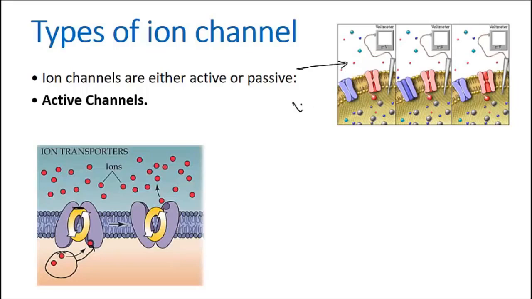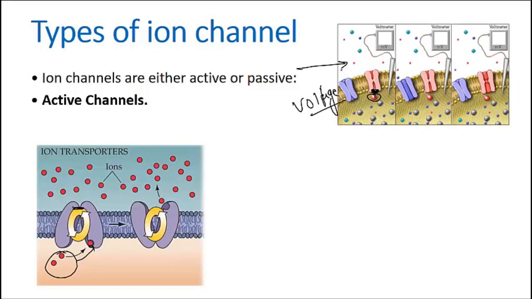This is an example of a voltage gated ion channel. It can also be a chemical gated ion channel. So you see, this gated channel normally contains a closure at the end that will not allow the molecules to pass.